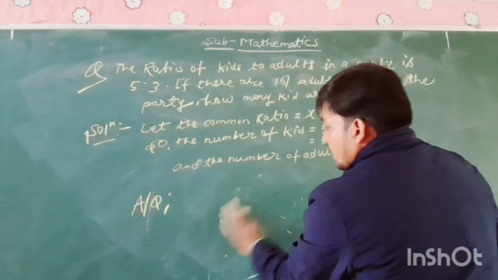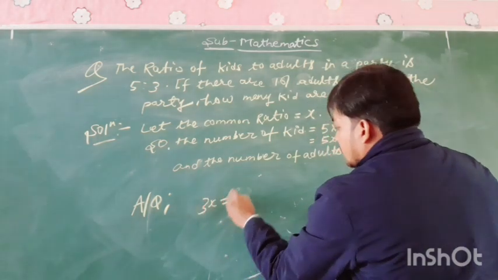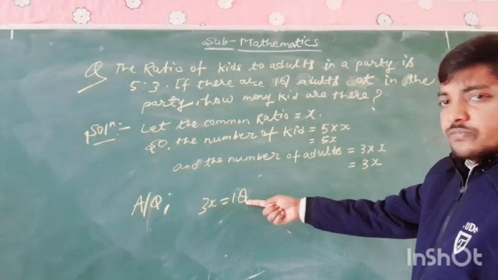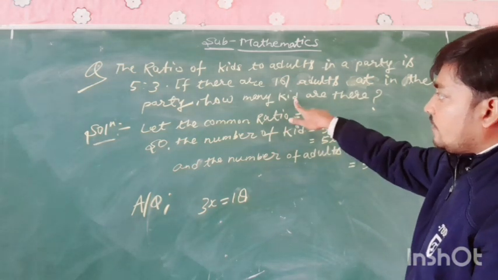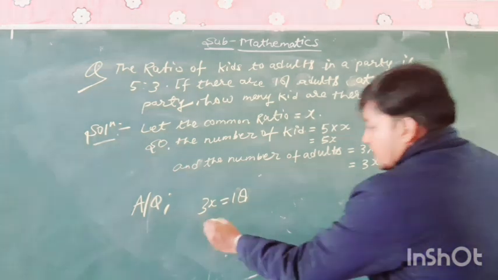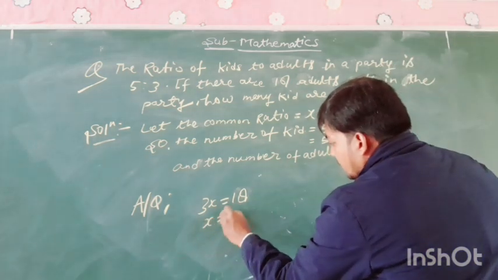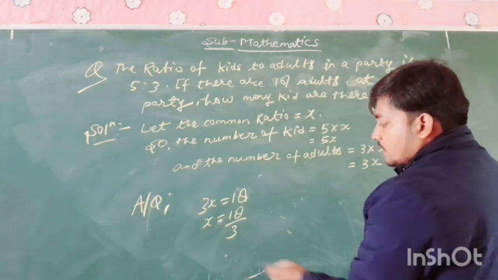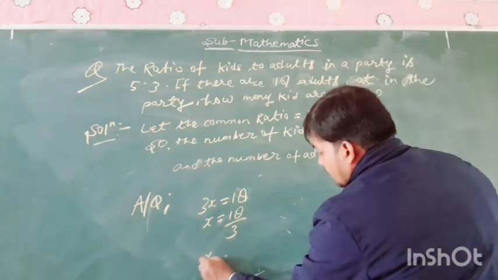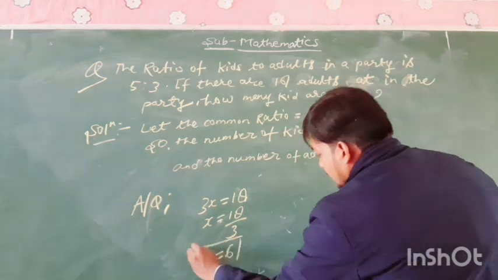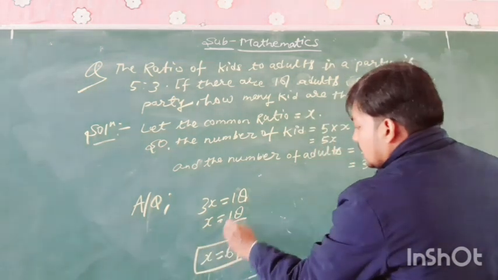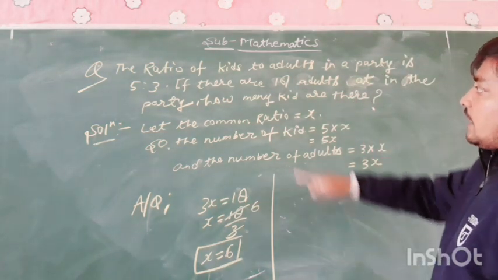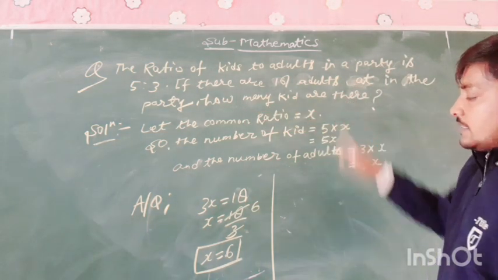Then 3x equals 18, which is the equation form of that question. Then the value of x equals 18 upon 3, and the quotient of 18 upon 3 is 6. 3 sixes are 18.